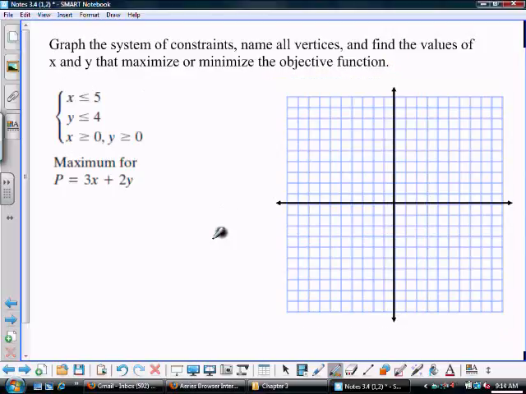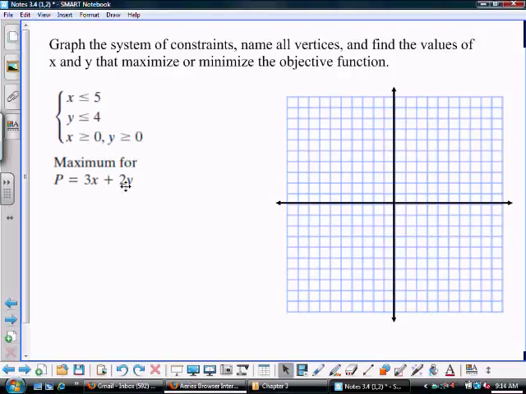We're going to graph those inequalities, and then we're going to look at the shape made by the inequalities, and then look at the corners of that shape and test the corner points in our profit or our objective function, which is this one right here, our p function. Sometimes it'll be p, sometimes c, they'll give it different names.